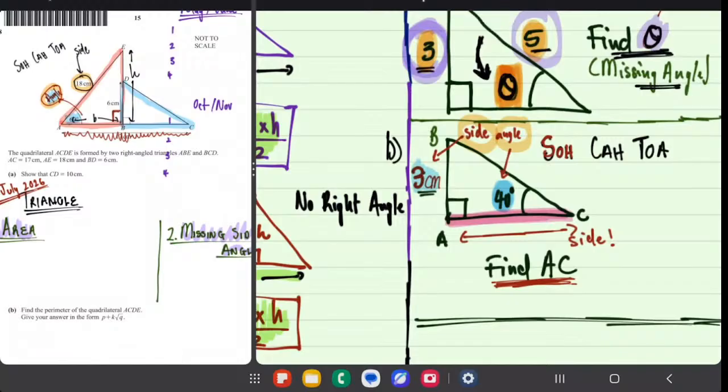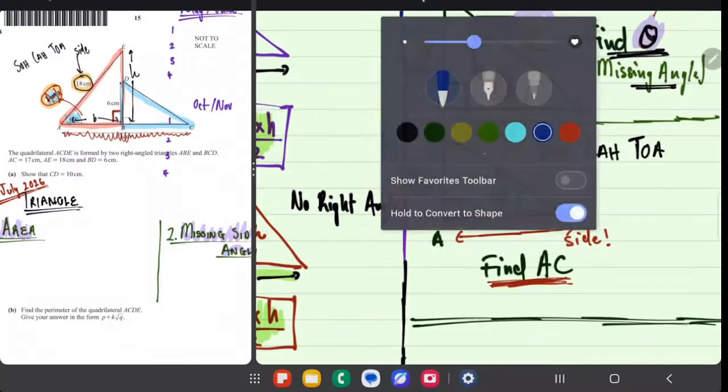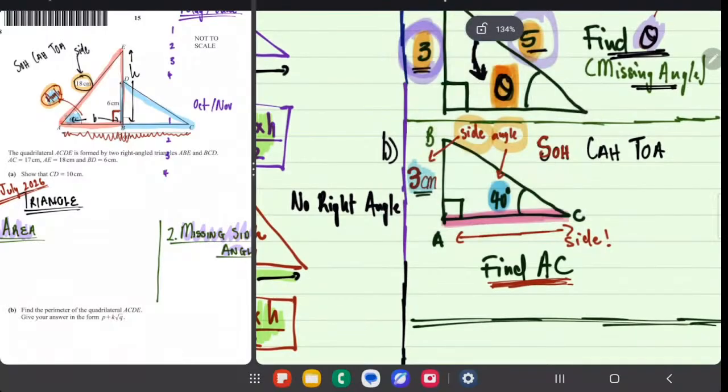The second one is if, instead of giving you two sides, now they are stingy. They won't give you two sides, they'll only give you one side. Isn't it, Aqua? And what else will they give you though? If they only give you one side, they'll have to give you an angle.